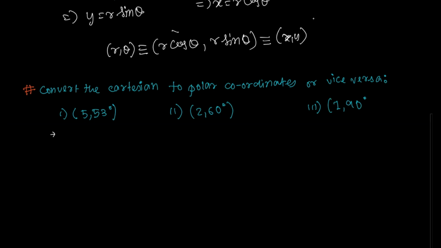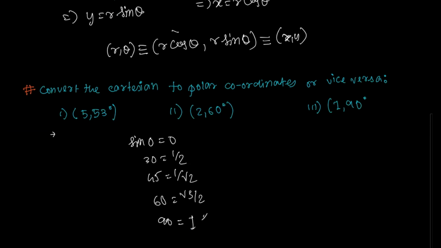5 comma 53. You know this important term. We know the values of some, such as sine 0 is 0, sine 30 is half, sine 45 is 1 by root 2, sine 60 is root 3 by 2, sine 90 is 1. Then the cos theta is just reverse.